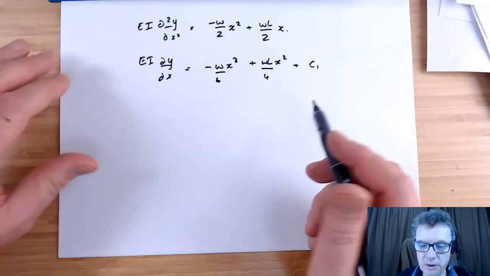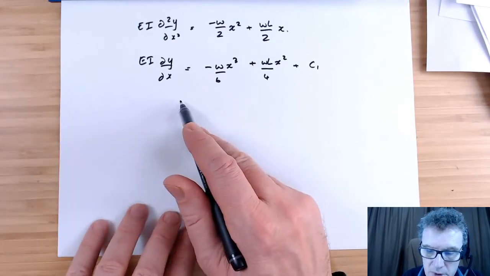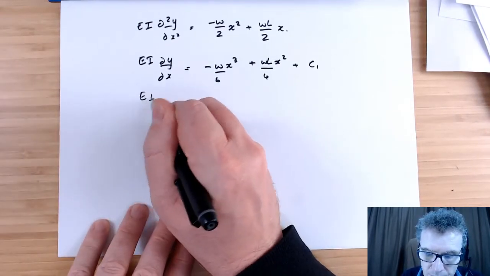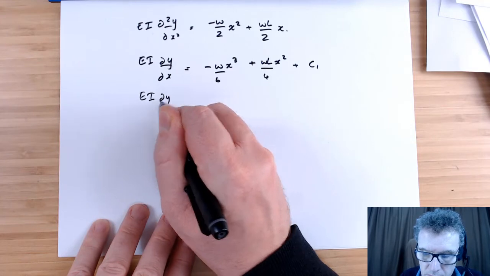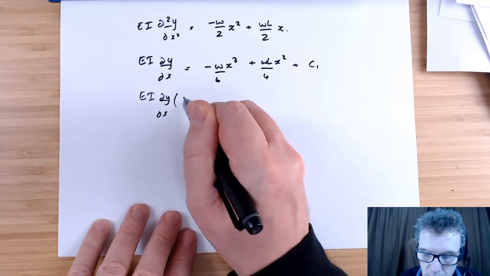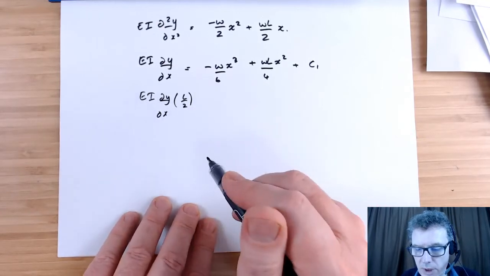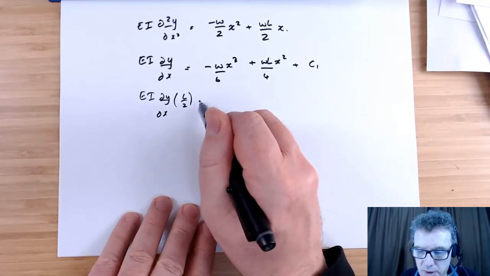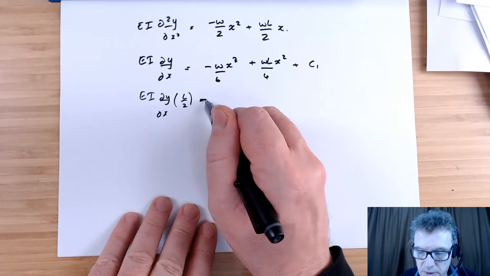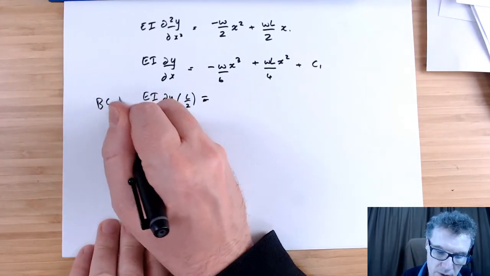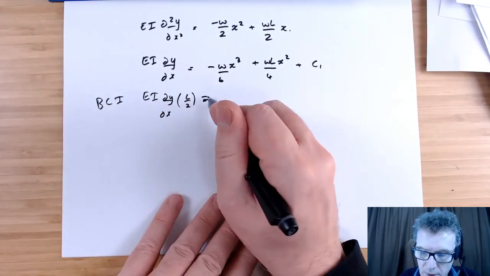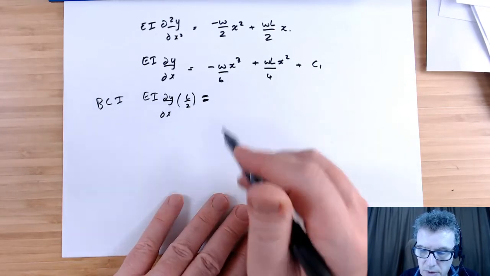It's valid. So we know in the middle, that's where L over 2, when x equals L over 2, that we've got a gradient. That's my first boundary condition, and I've got a gradient of 0.